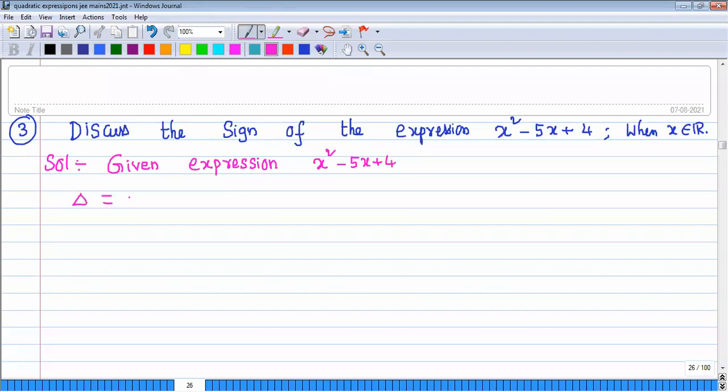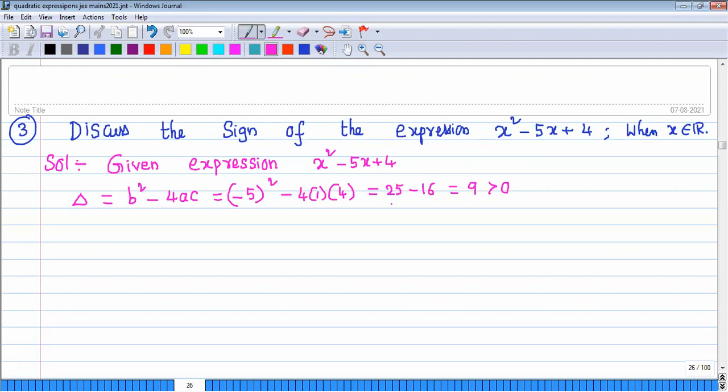Delta is b square minus 4ac, so minus 5 square minus 4 times 1 times 4. 25 minus 16 is 9, which is greater than 0. It is positive, so the roots are real and distinct.